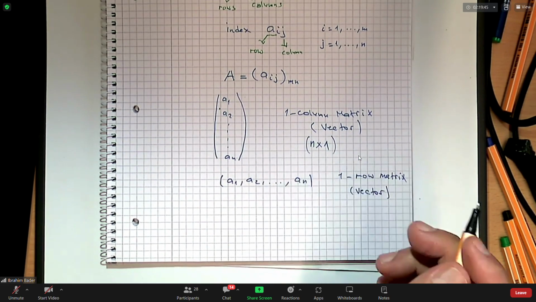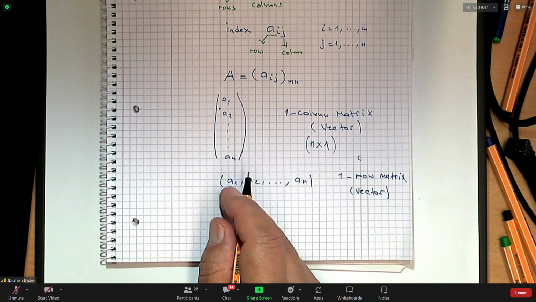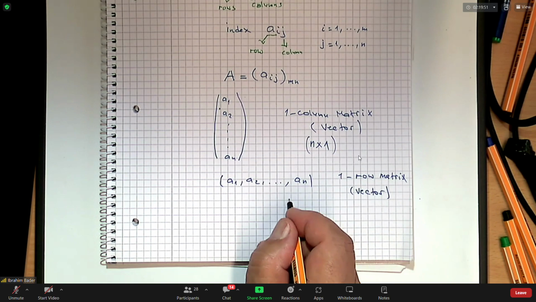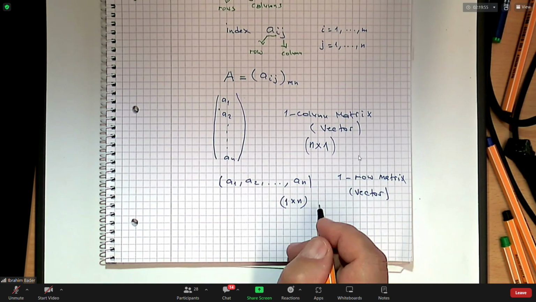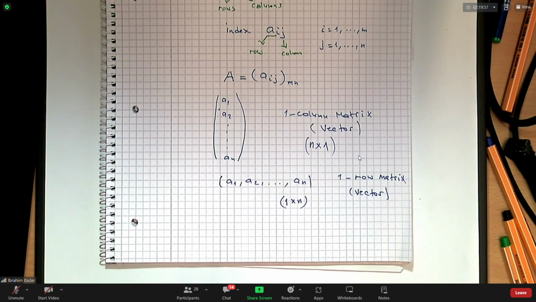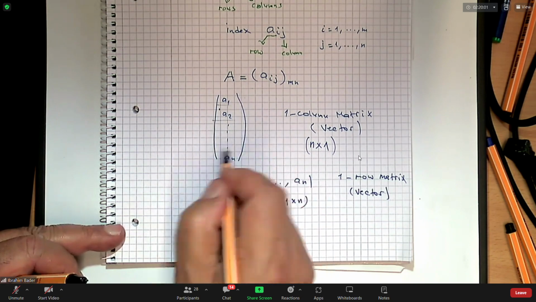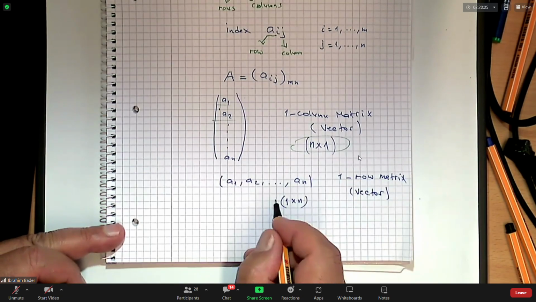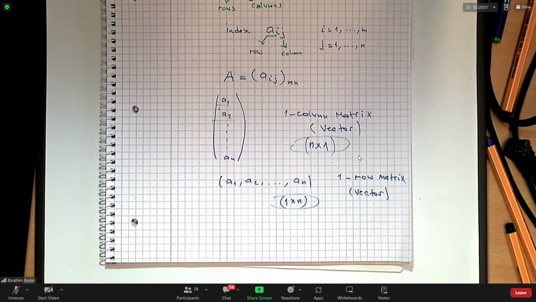This is the dimension of this one. However, this one has 1 row and n columns. So here I have n rows and 1 column. Here I have 1 row and n columns.